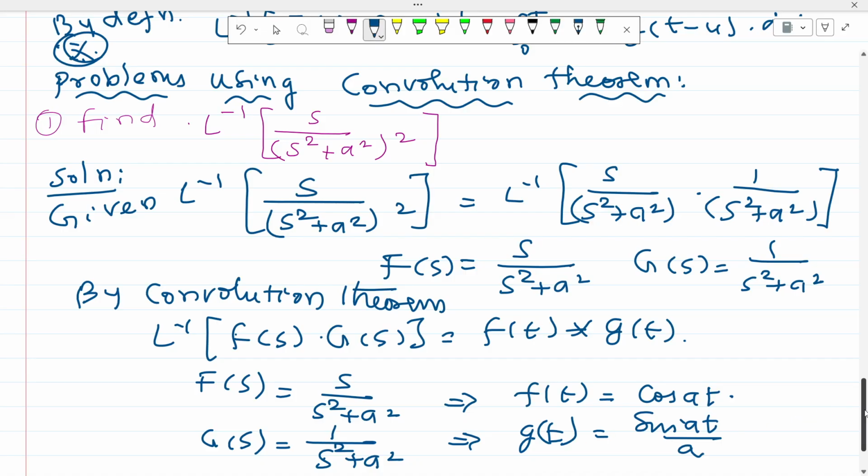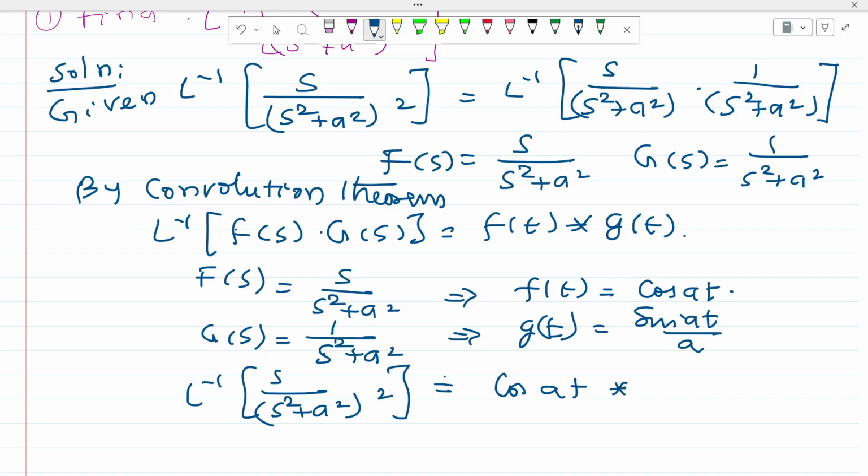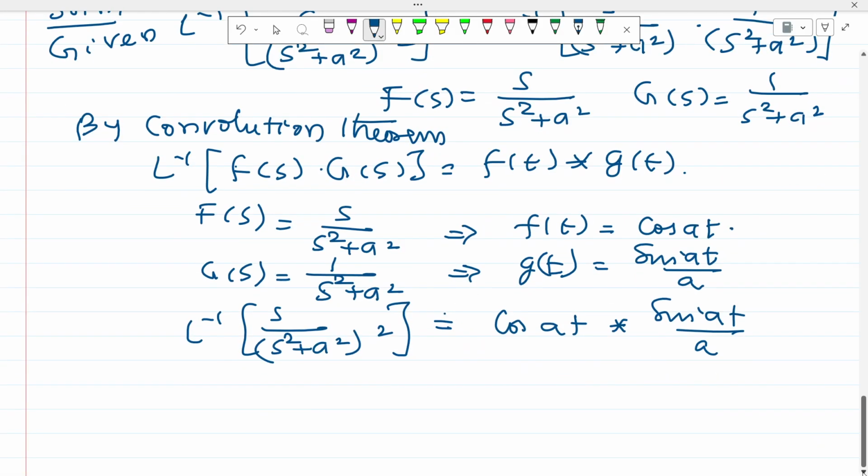Okay, fine. In the next step, L inverse of F(s)·G(s), you can write this as L inverse of s divided by (s square plus a square) whole square. That is equal to what? F(t) star G(t). F(t) is cos at, star G(t), which is sin at by a. Now listen.